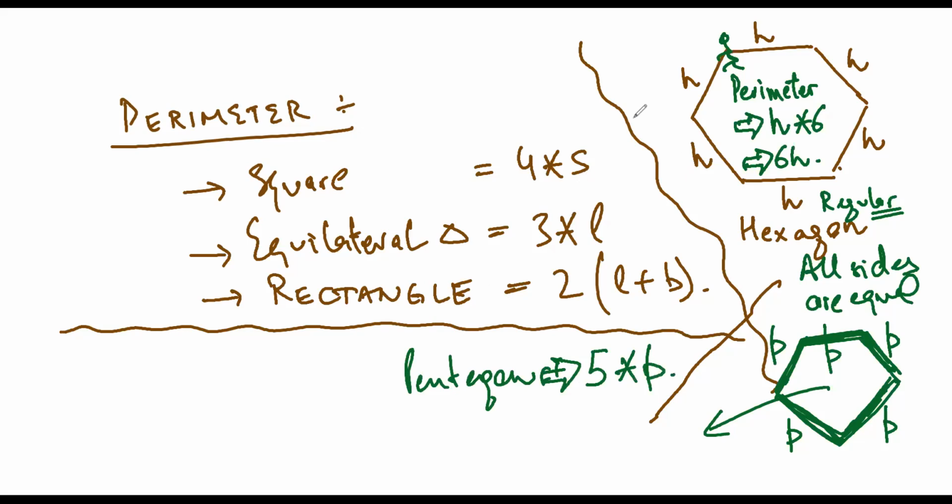Now these formulas can be written in different ways. For example, I have written 4 into S, 3 into L, 6 into H, and 5 into P. What you are suggesting is, sir, you can replace all this by writing side.